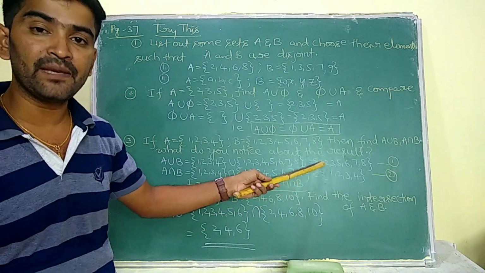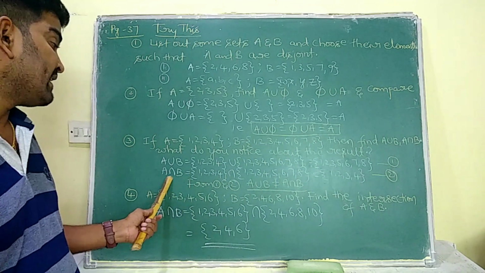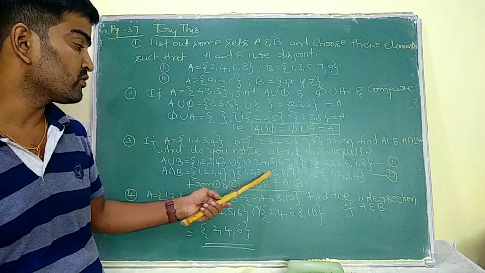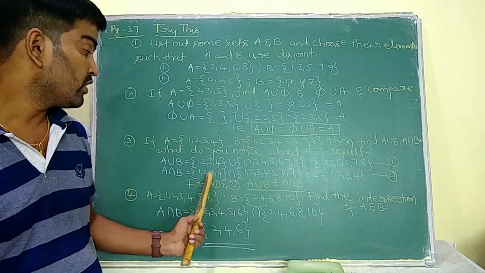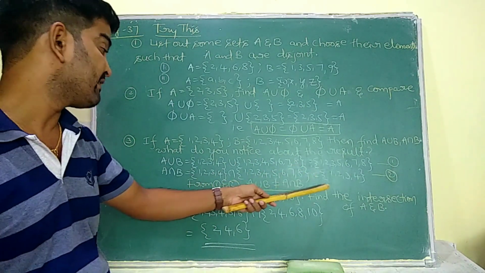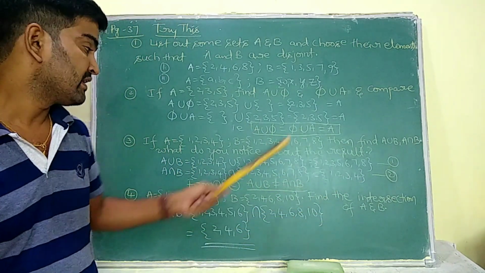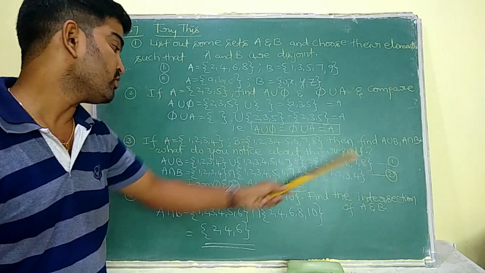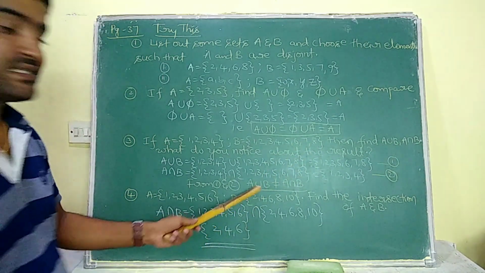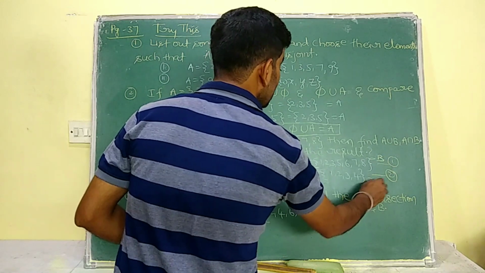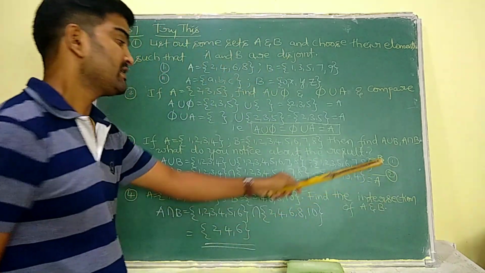Actually that is our B. Now A intersection B: {1, 2, 3, 4} intersection {1, 2, 3, 4, 5, 6, 7, 8}. We only have to write the common elements, then we will get 1, 2, 3, 4. That is nothing but our A. That means from these two, A union B is not equal to A intersection B. This is B, this is A. These are not the same.